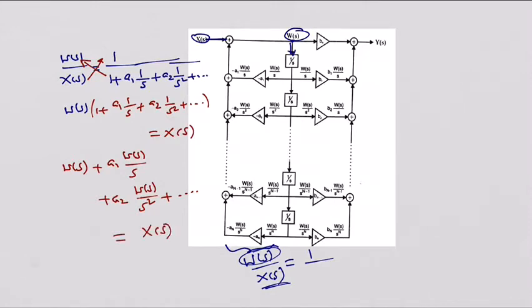So if you rearrange this equation, W of s is equal to, keeping W of s alone on one side and taking the remaining terms to the other side, X of s minus a1 W of s by s minus a2 W of s by s squared minus a3 times W of s by s cube, right?